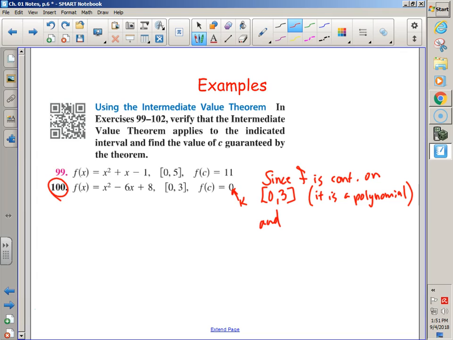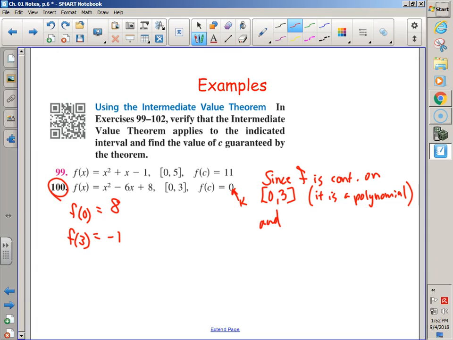What else has to be true? K has to be between. Isn't there something in the theorem? What's k have to be between? Oh, okay, hold on. Wait a minute, we need to figure out who is f of 0 and who is f of 3. F of 0 is 8, f of 3 is 9 minus 18 plus 8, which is negative 1.